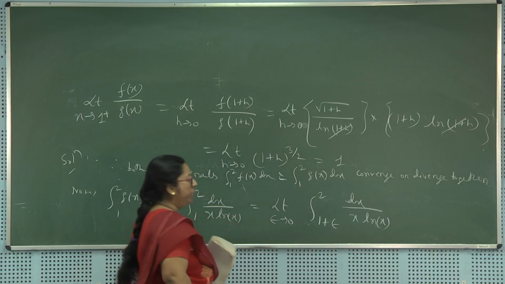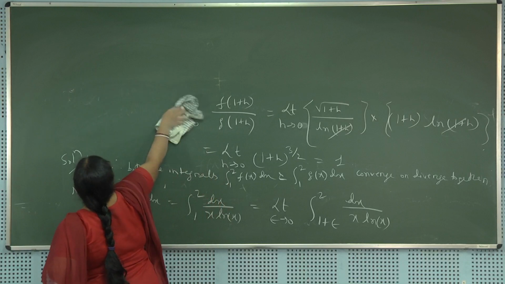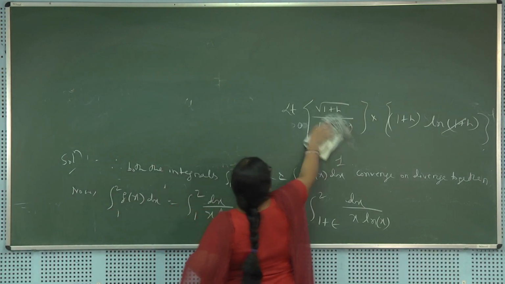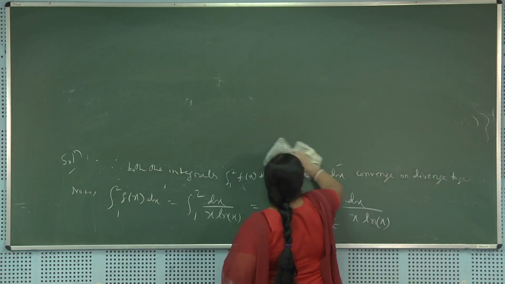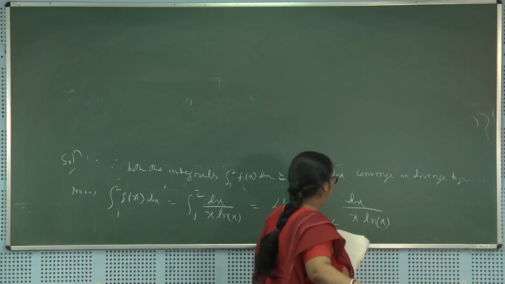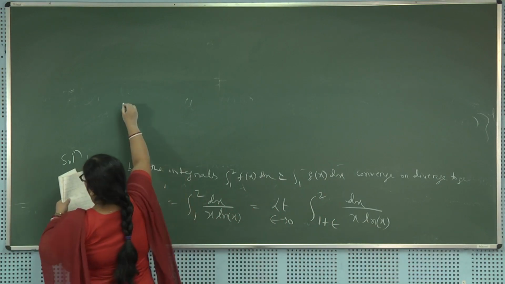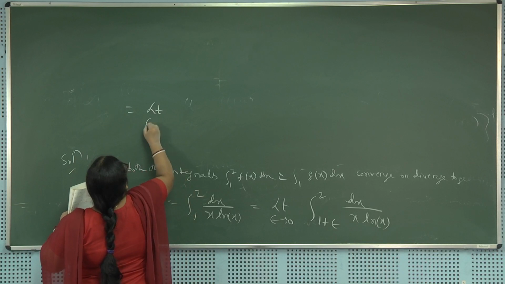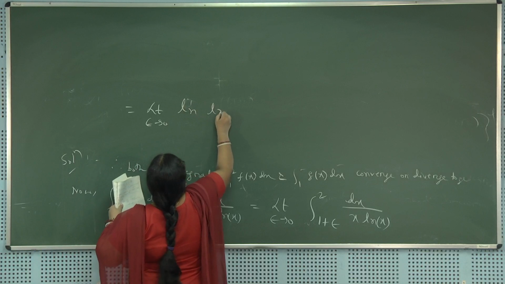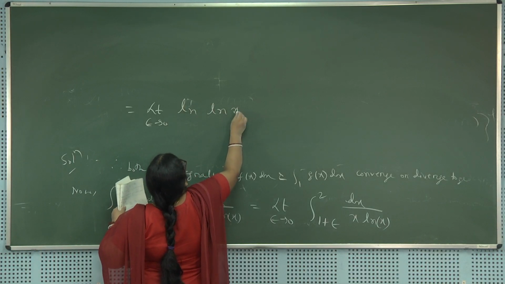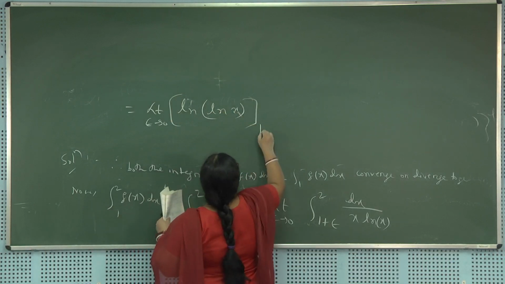Now if we integrate, it can be done by substitution. It will become log of log x. So, by substitution we will get limit epsilon tends to 0 of log of log x, and our limits are 1 plus epsilon to 2.